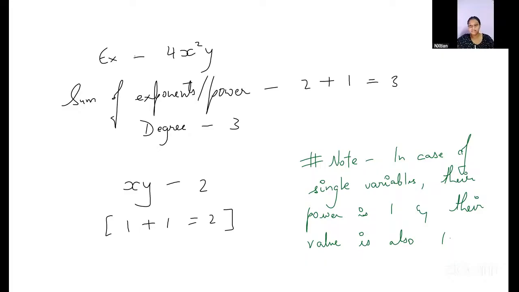Note that when we have a single variable x, its power will automatically be 1, or y or any variable t, its power will be 1, till it's not mentioned. Whether the power is 2, 3, 4 or anything, when nothing is mentioned, it means that it has a power of 1.